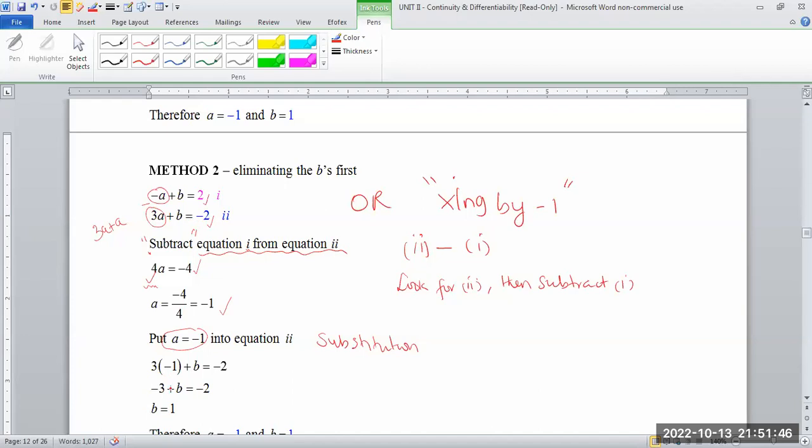So I have -3 plus b is equal to -2. I want to isolate b, I want to keep b. So this here is a -3, and I'm going to add +3 to both sides. Whatever I do to one side, I do to the other side, and it nullifies it.